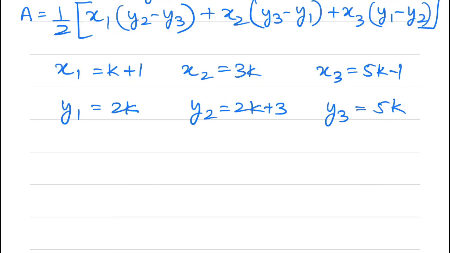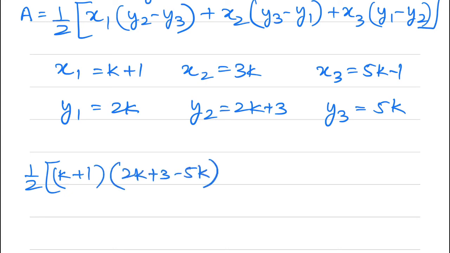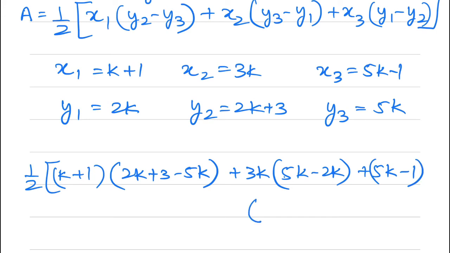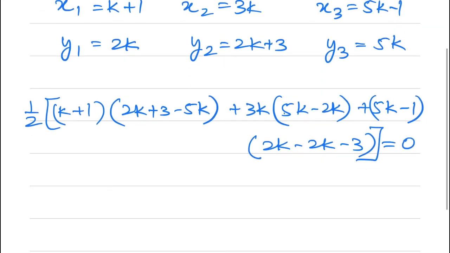Let's substitute the values. So we have half into (k plus 1) into (2k plus 3 minus 5k) plus 3k into (5k minus 2k) plus (5k minus 1) into (2k minus 3) is equal to 0.